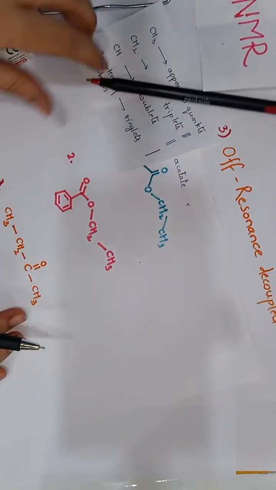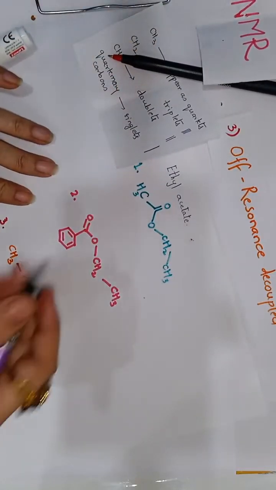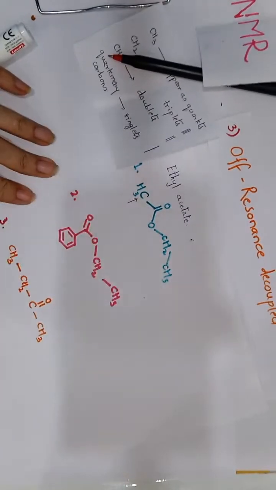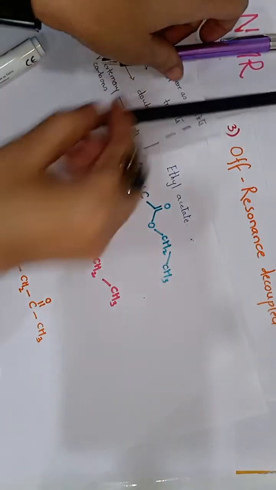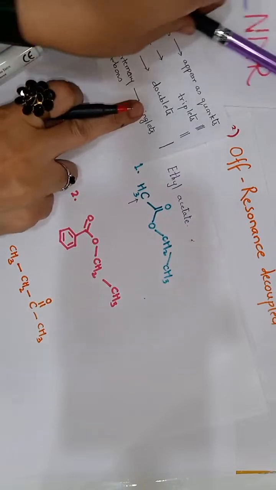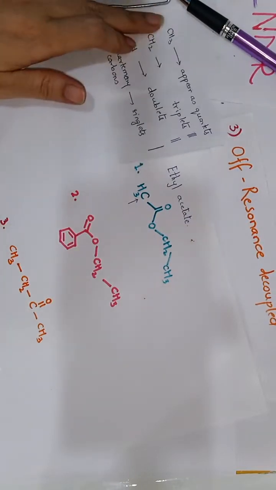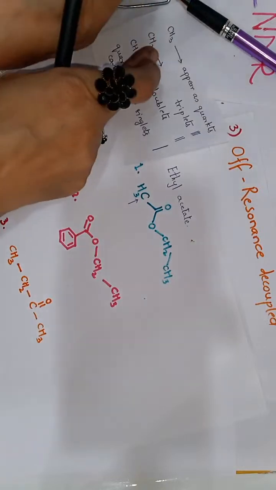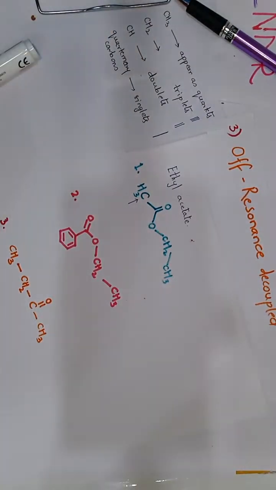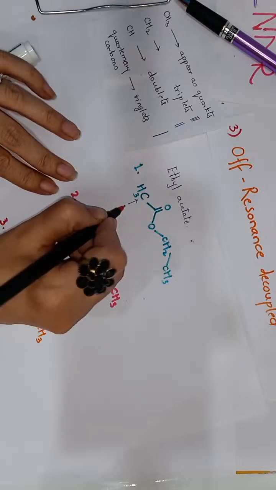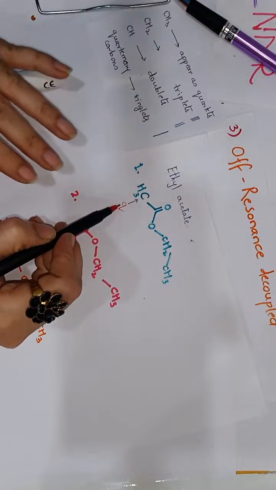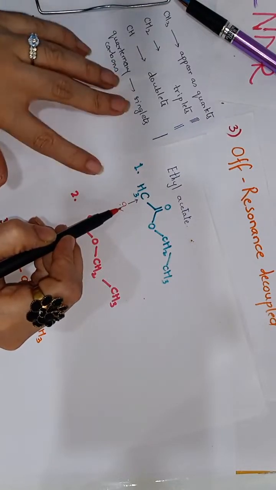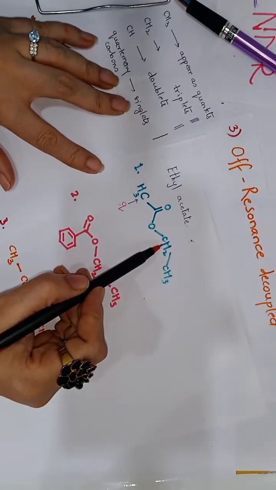So we'll write it down as Q. Q means quartet. So this is the first signal. We are getting one signal here. CH2, we will get it as triplet.